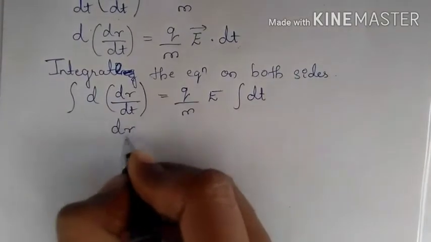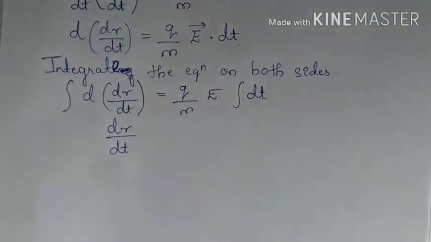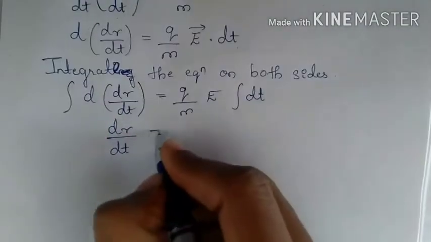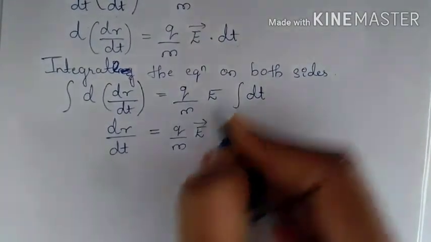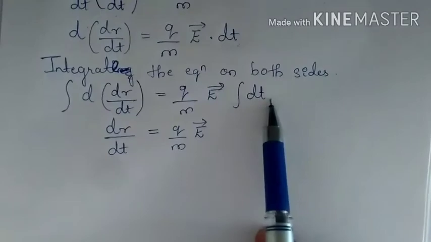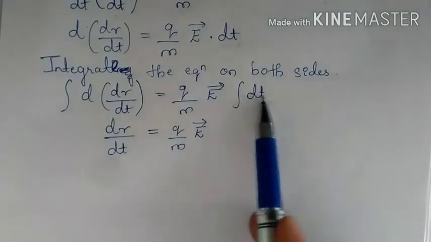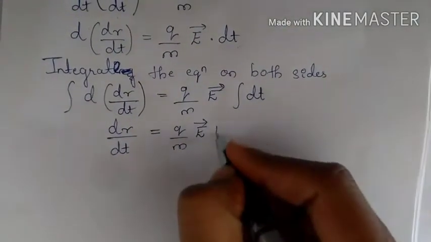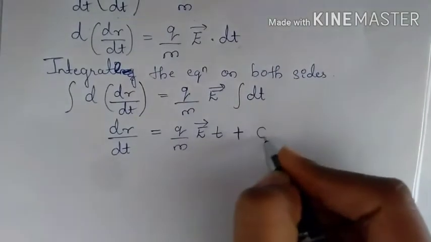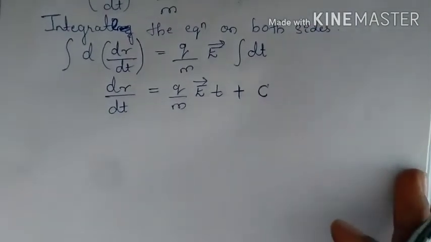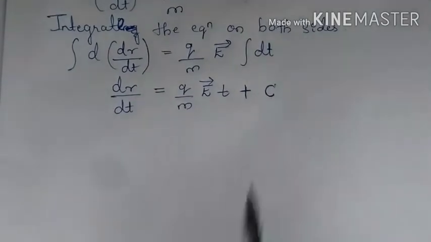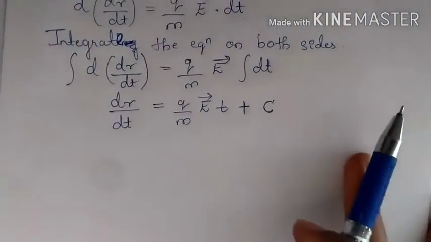What remains is dr/dt, and so (q/m)E. And what is the integration of dt? The integration of dt is t plus c. Here c is the integration constant. Whenever you do integration, you should keep the integration constant c.